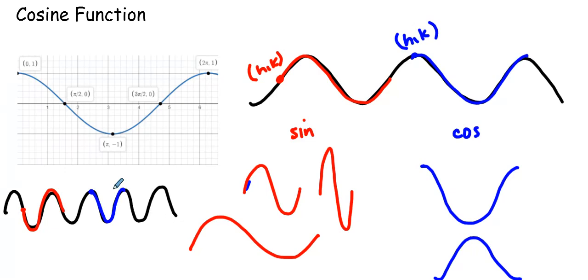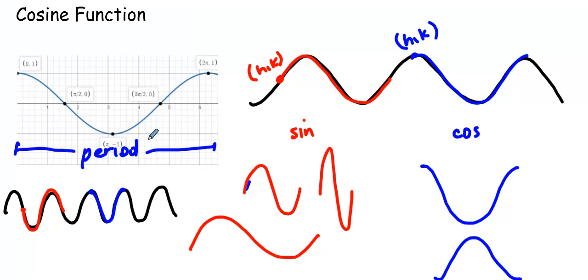Okay, now, this is just a basic overview of what these functions look like. But very, very important is the period. Okay, the period is how long it takes for the drawing to complete, for one full design.